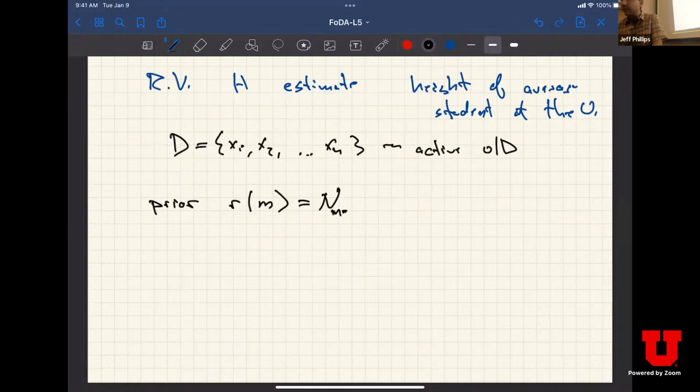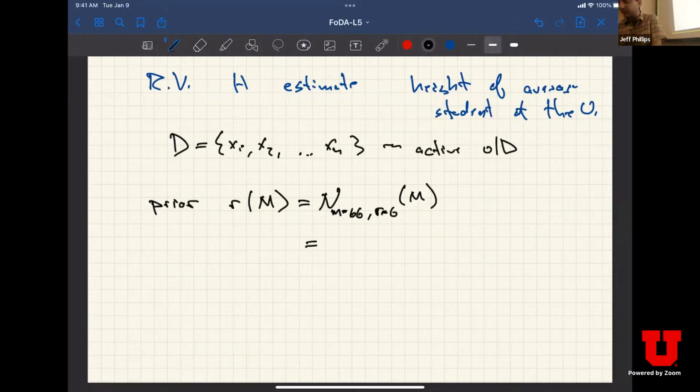Let me write this as the whole model here. A mean of 66 inches and a standard deviation of 6 inches. Okay, so let's say that's my prior of what the height is going to be, of the model, right?